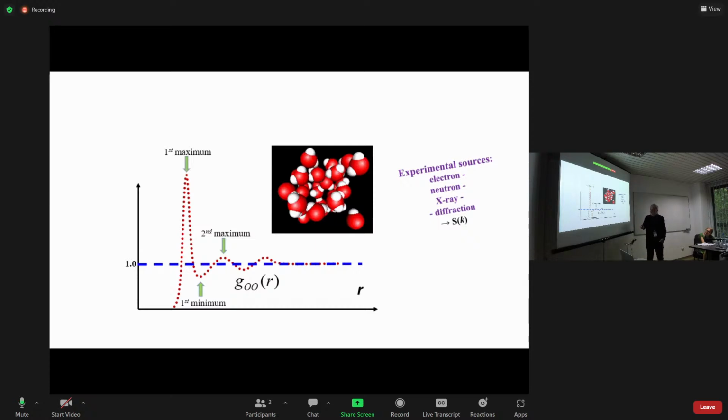So we get a function like this. There's a first maximum, there's a second maximum, and this is the function we invert to this pair potential.